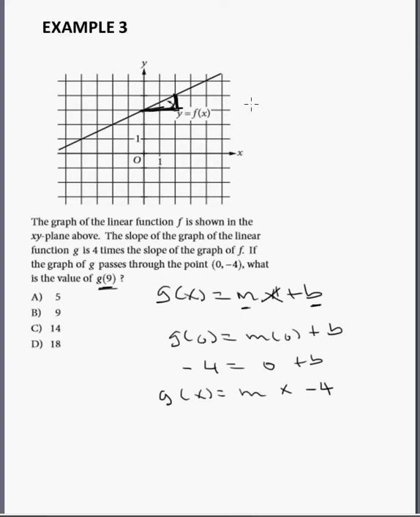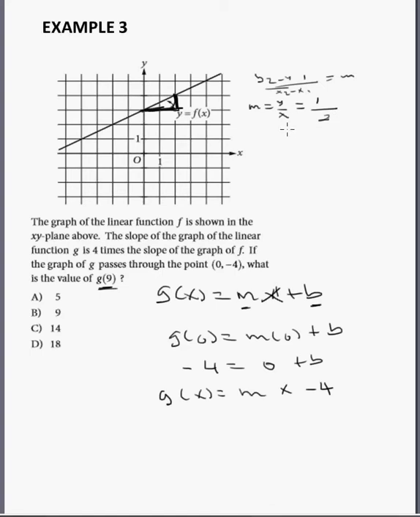We know that m is equal to y over x. So when y is 1, x is 2. Remember, this is the same thing as y2 minus y1 over x2 minus x1. That is equal to m.